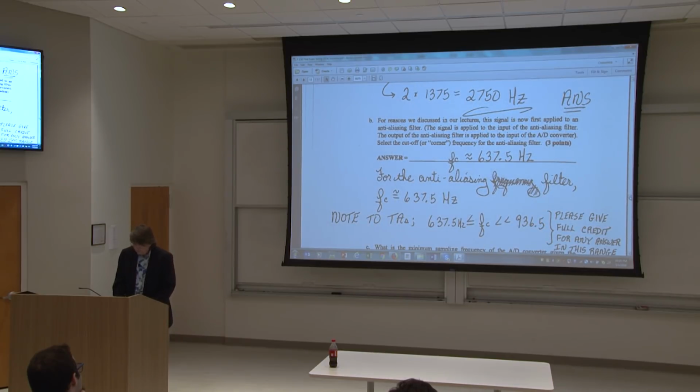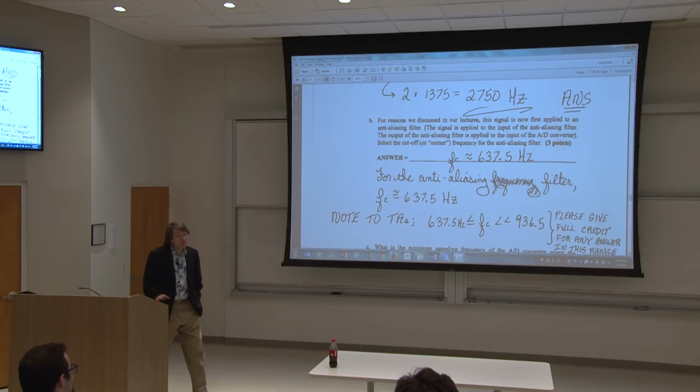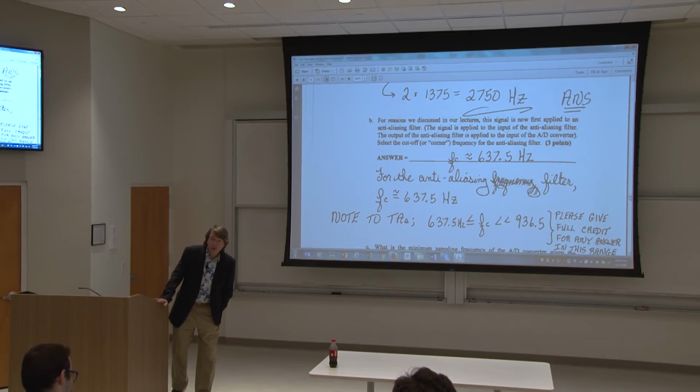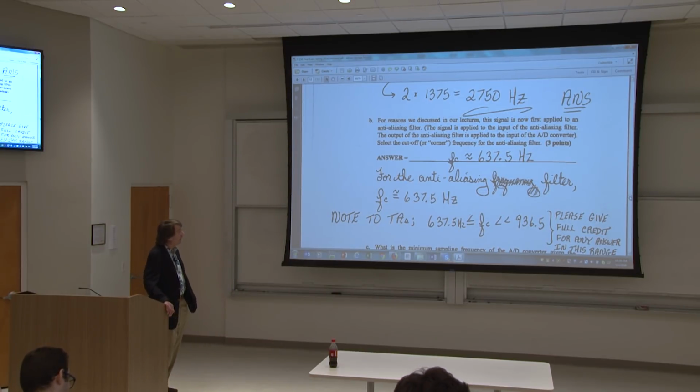Now, the signal is applied to an anti-aliasing filter before going into the A to D converter. Select the cutoff frequency. I've met with a lot of you to discuss this on exam 1. This is a discussion we've had in class and also for those who have come to me.